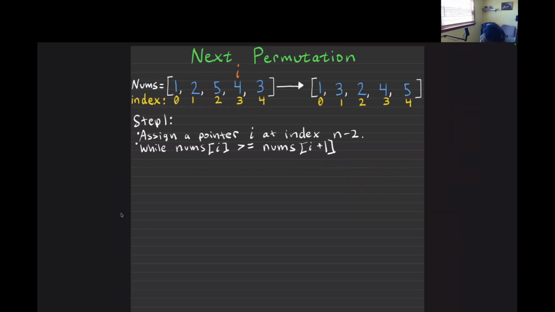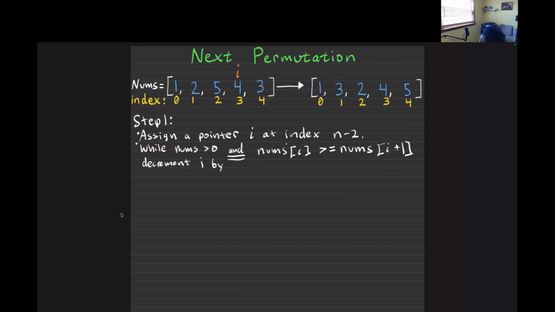And before we even get to that step, let's say while i is greater than or equal to 0 and nums of i is greater than or equal to nums of i plus 1. Let me make this a little bit clearer. While both conditions are met, we simply decrement i by 1. In other words, i is equal to i minus 1.